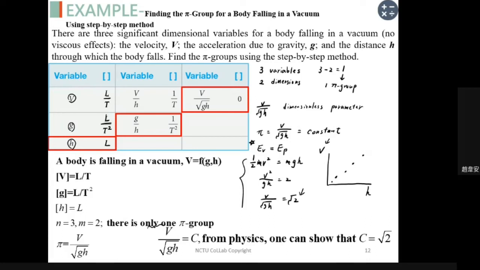Then we do the regression line, and the slope of the regression line indicates the constant coefficient. Okay. So after we do the dimensional analysis, we can pick out the pi groups.